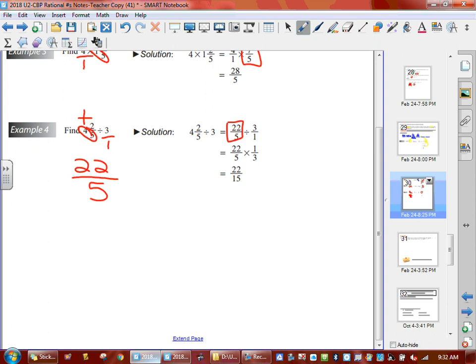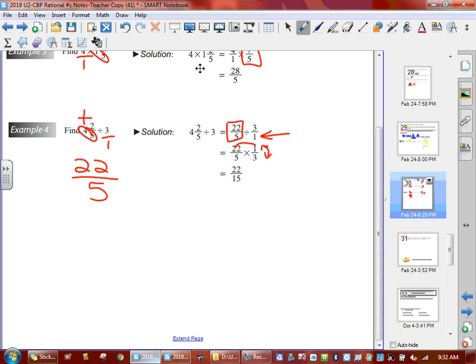Now, the rule is, you flip the second fraction. That's called reciprocating. You reciprocate that fraction. Then our divide changes to multiply. So this one is flipped upside down, and now we multiply straight across the top, straight across the bottom. So 22 times 1 gives us our 22. 5 times 3 gives us our 15. Okay? It's in lowest form. You can't go any further with that.